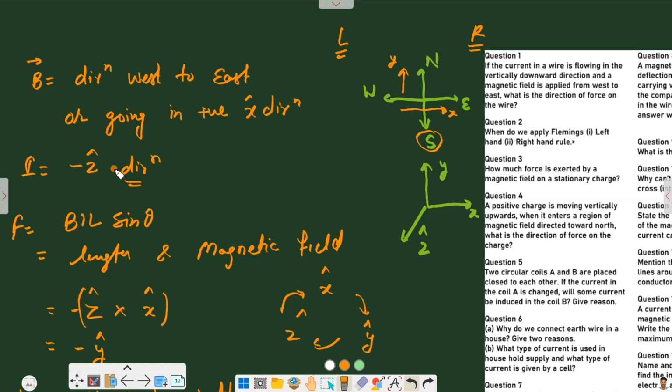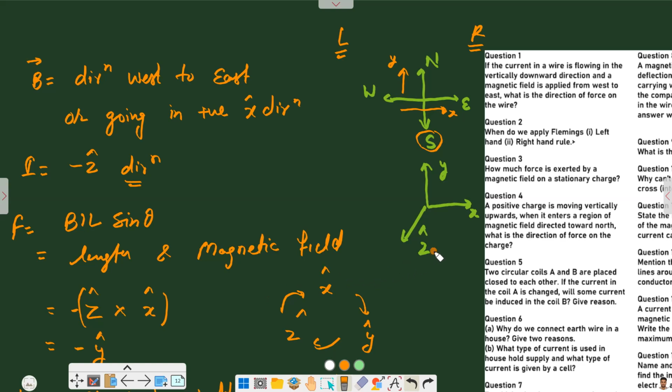Then you will find that your thumb is pointing downwards, and downward is the minus y direction, south, and we get the same result as we got from the mathematical method. So you can use both of these methods and find the direction of force on the wire.